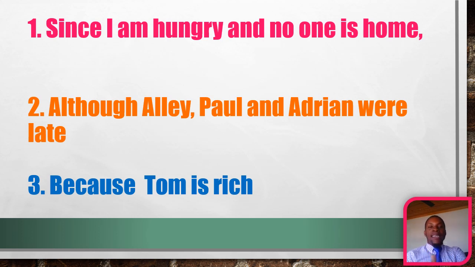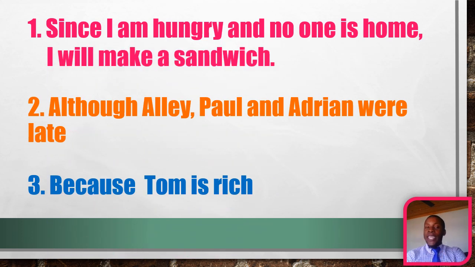So, since I am hungry and no one is home, comma, what can we add? I'm going to add, I will make a sandwich. I am adding a complete independent clause, or a part of the sentence which can stand on its own. I is there, that is my subject, will make, my helping verb and main verb, a sandwich, a complete thought. I will make a sandwich.